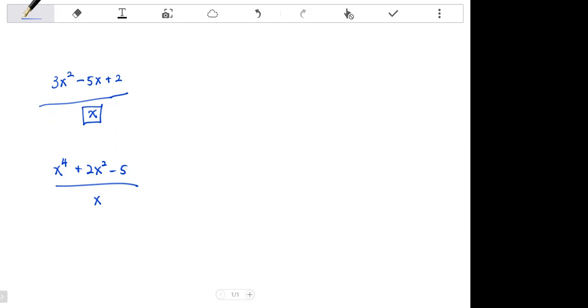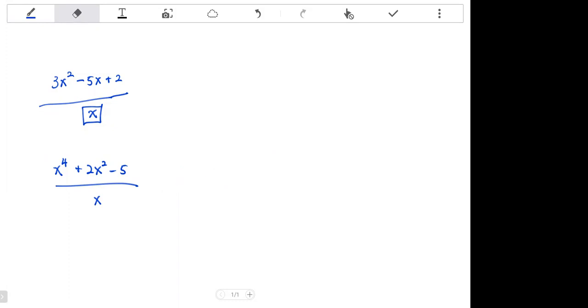I got x to the 3rd power plus 2x minus 5 over x. That should be correct. Did everybody else get this? Yeah. Okay, let's move on.